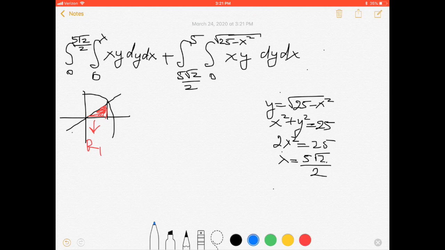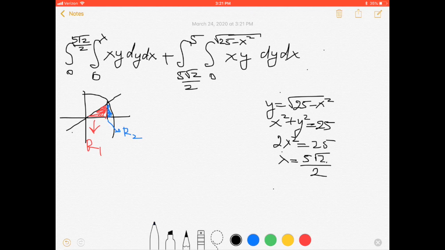What about the second integral? In the second integral x changes from this point until 5. This means exactly this part. This blue one is region 2. These two regions do not intersect, but together they cover region R. We can use this fact.